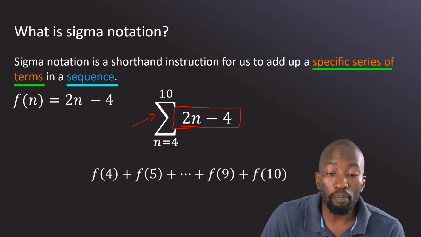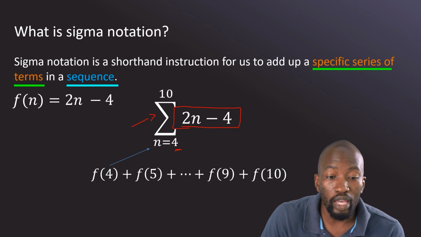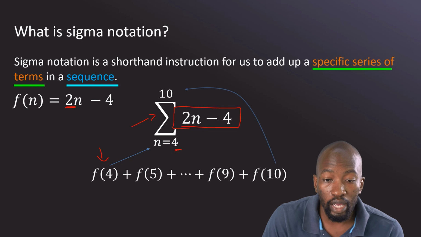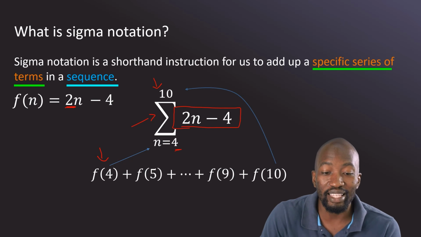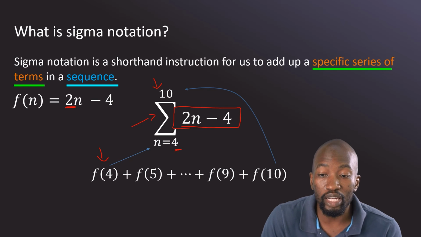Now, this simply means what we need to do is start at 4. That's the starting point. So we have to substitute 4 into the function there and find the first term. Then keep going on and on until we stop at this value up there, which is 10. So n = 4 is the starting point and 10 is the end point.